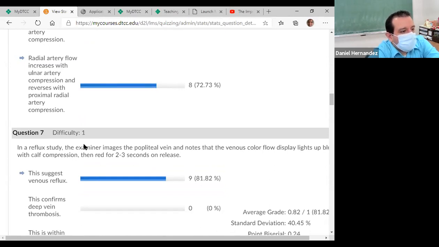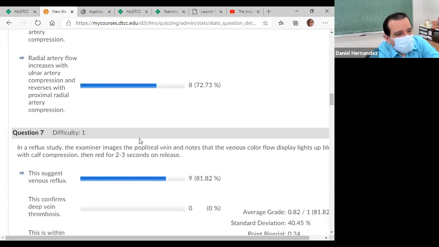In a reflux study, the examiner images the popliteal vein and notes that the venous color flow display lights up blue with calf compression. So that's our normal augmentation. So we get that normal flow direction, and then red for 2 to 3 seconds on release. This is that other method of doing a reflux study where we do distal compression.